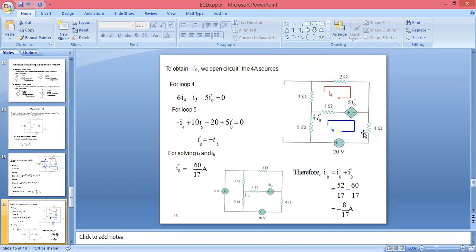Then you can write here, if you solve this 4 and 5, if you are seeing these elements, these are in series, 5 plus 4 plus 1, these are nothing but 10. ये सीरीज में हो जाएंगे, that's why I am taking here directly 10 I5. अब किसी को क्वेश्चन पड़ेगा कि मैम आप इसमें से तो I5 भी जा रहा है I4 भी, but we are taking equation only for I5.